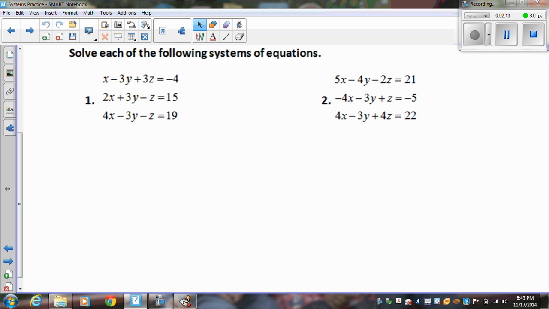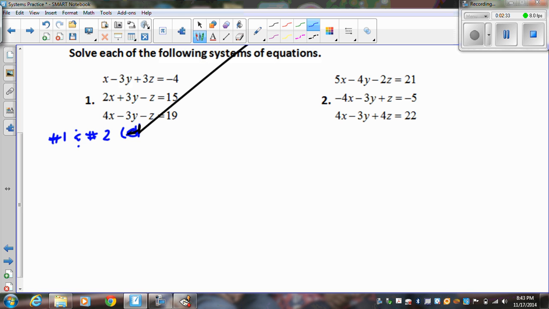So the first thing I'm going to do is I'm going to look at equation 1 and 2, and I'm going to eliminate y. So I'm going to write number 1 and number 2, and I'm going to write eliminate y.